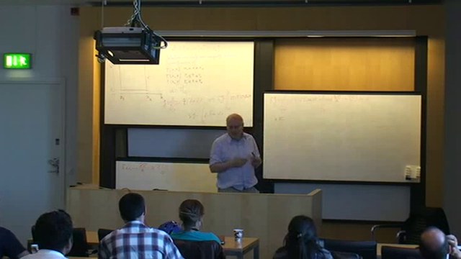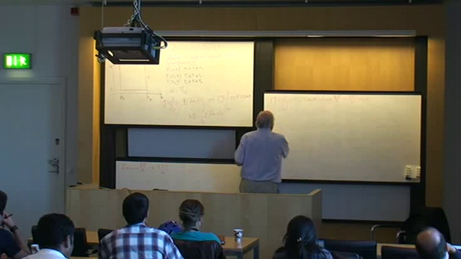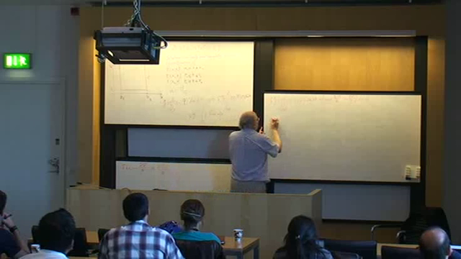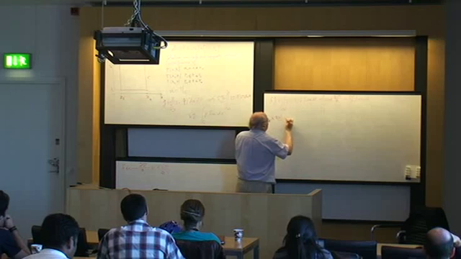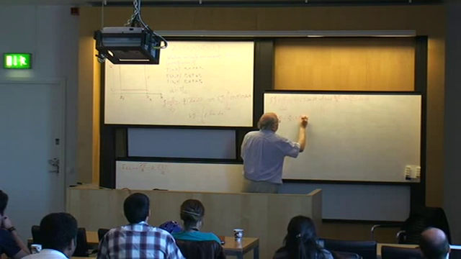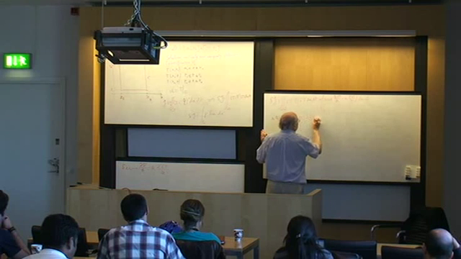Integration by parts is the magic way of deriving the adjoint partial differential equation. Lambda ∂δt/∂t equals, of course, ∂/∂t of lambda δt minus ∂lambda/∂t δt.